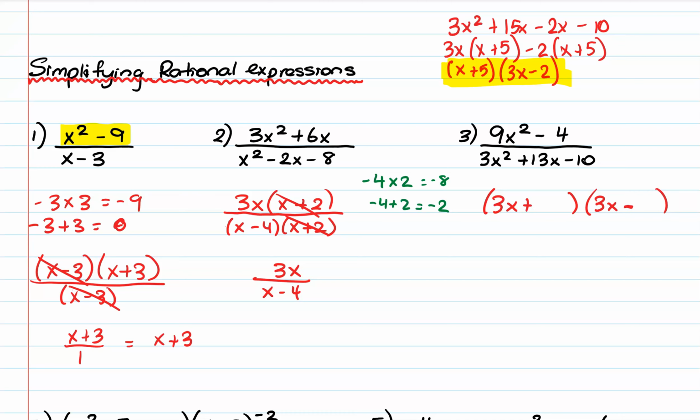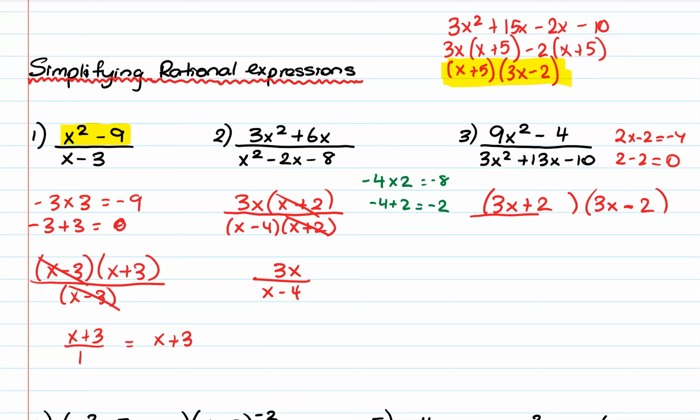Obviously I did 3x, because 3x times 3x is 9x squared. So I'm looking at two numbers that multiply to negative 4 and are, well, not the exact same number, but you get the idea. There's a positive and a negative. We know that 2 times negative 2 equals negative 4, and 2 minus 2 is 0. So this becomes (3x plus 2)(3x minus 2) up top.